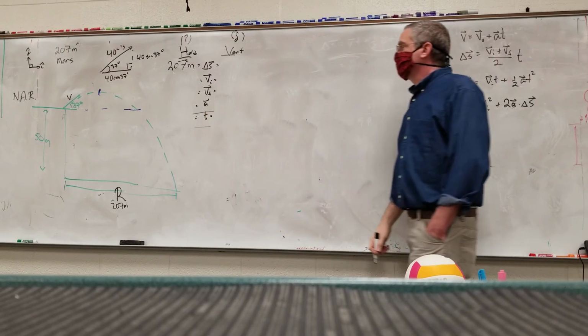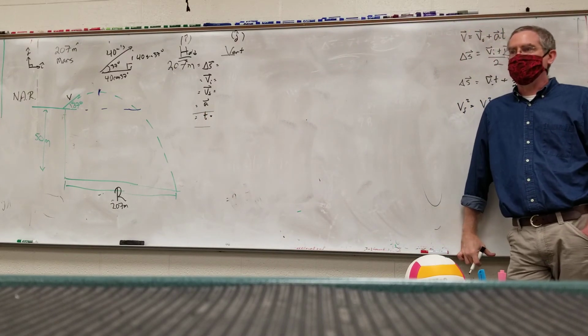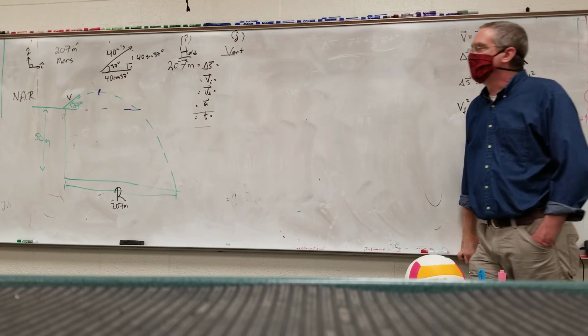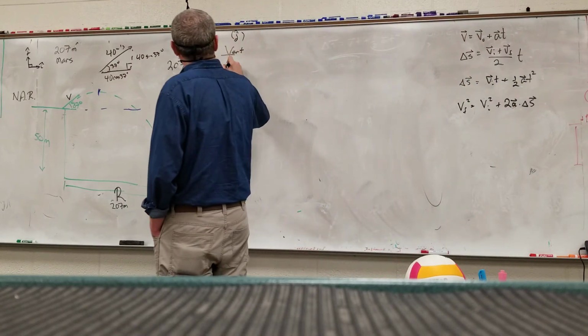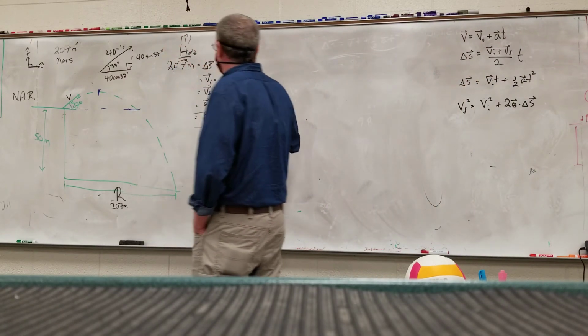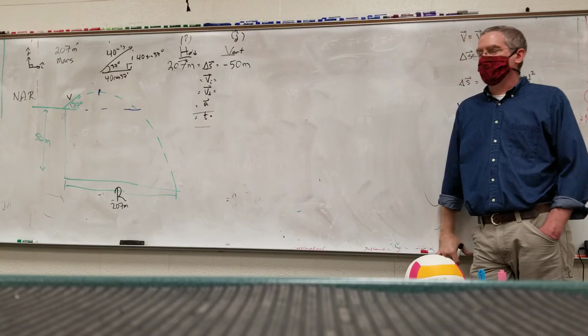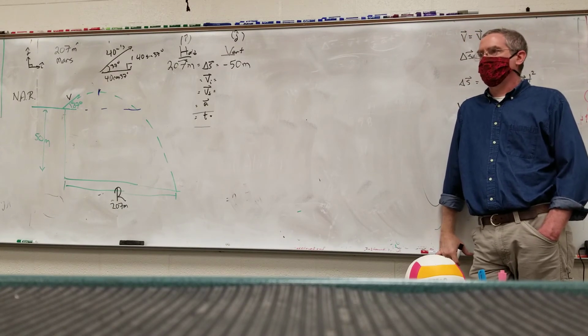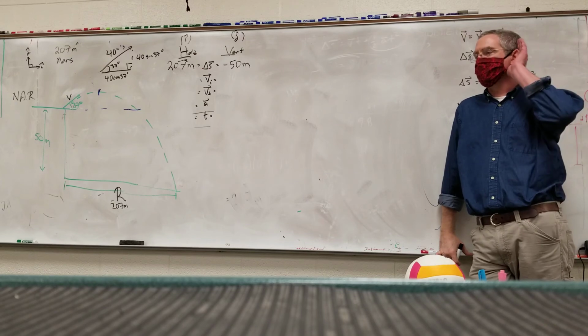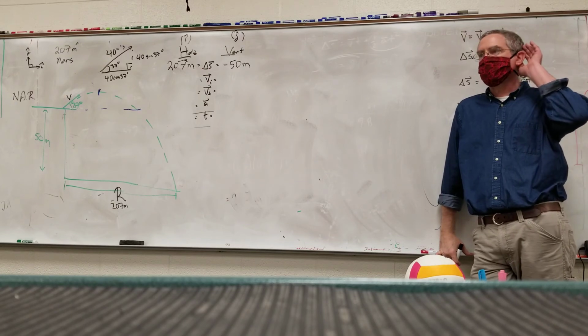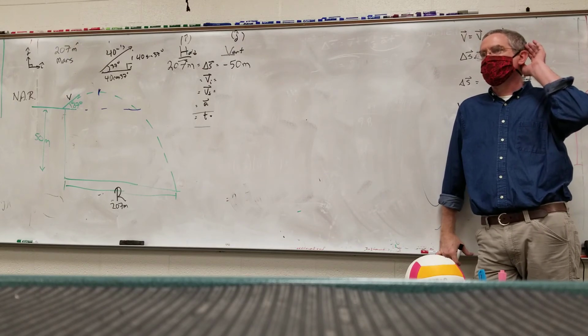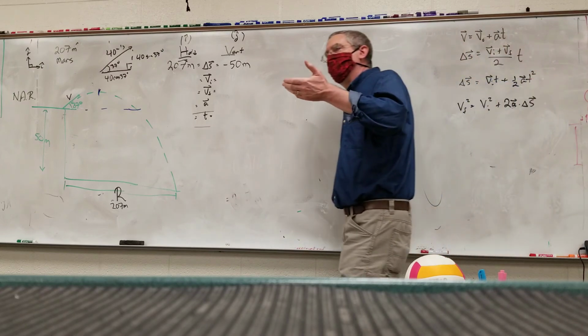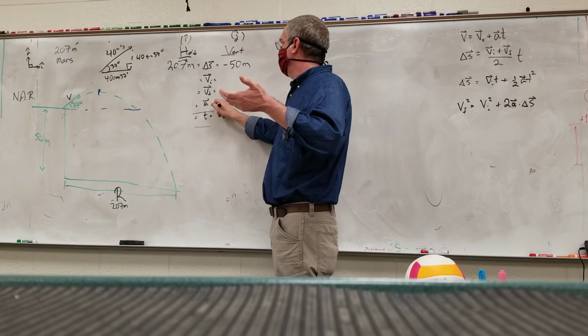All right, so we got that. Vertical displacement is negative 50. Okay. Vertical acceleration is, on Mars?